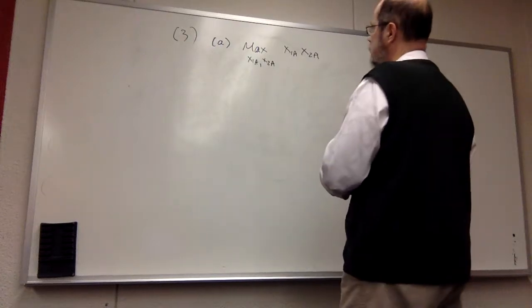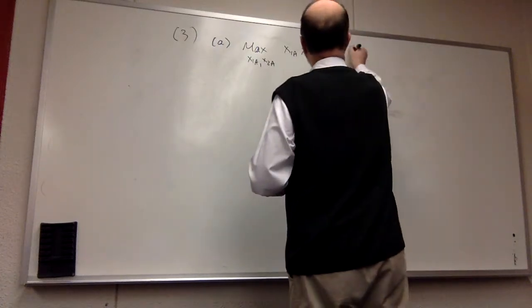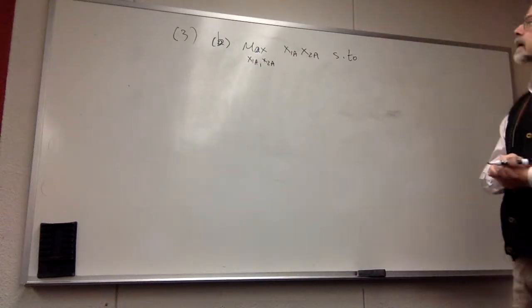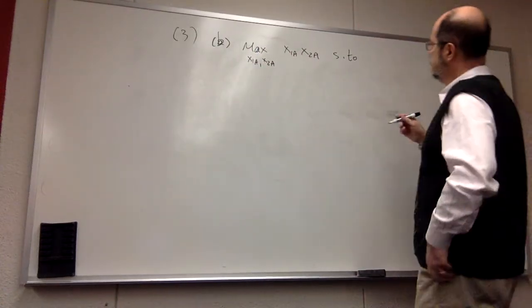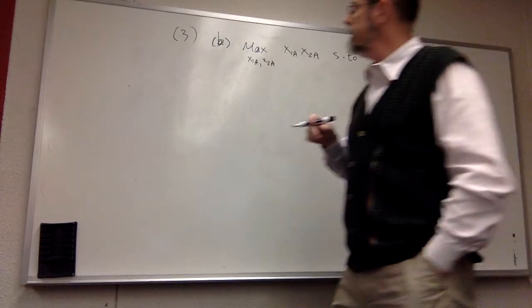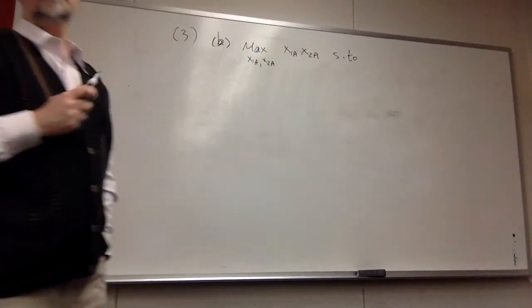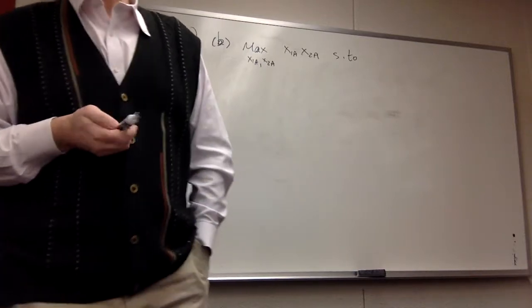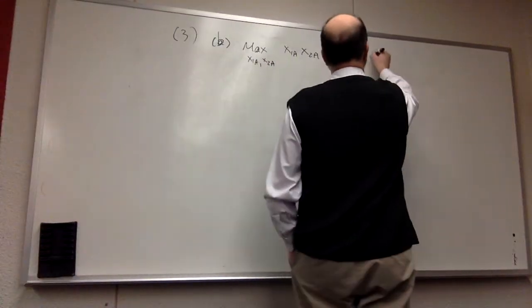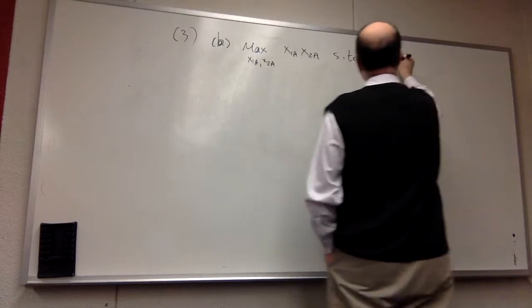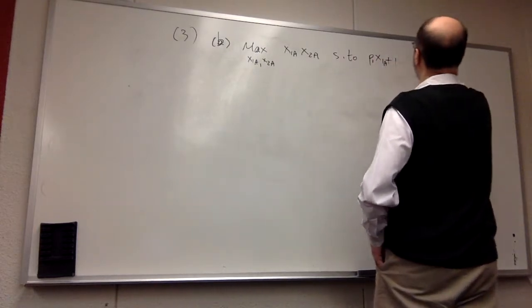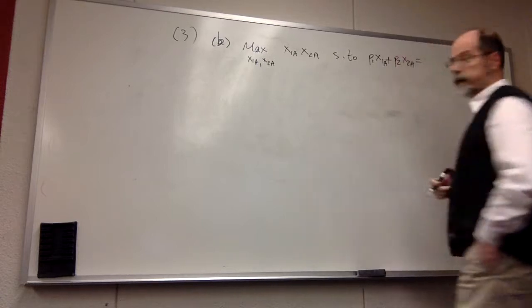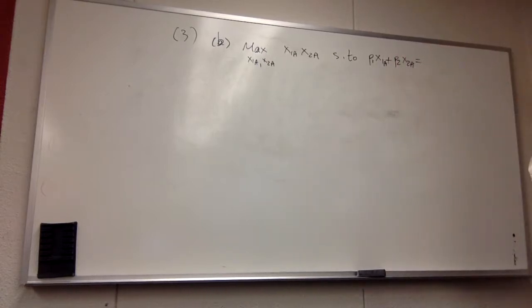So, subject to this. This is part of B. I should have written that here. Okay, so I need notation for prices. Since I have goods 1 and 2, how about P1 and P2? So P1 times X1A plus P2 times X2A equals, okay, what is the income of person A?